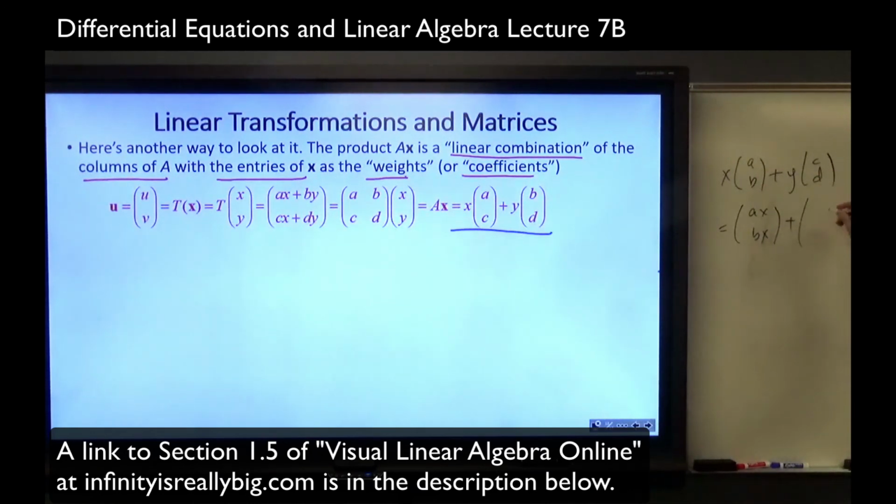And y times c and y times d, which you can write as cy and dy. And then you add the vectors component-wise. You get ax plus cy and bx plus dy.